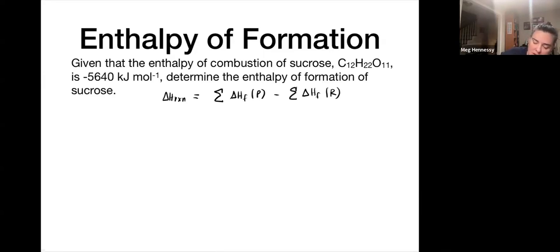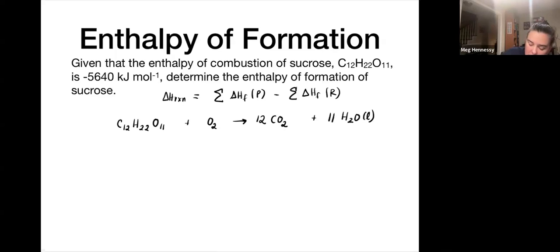And so if I were to burn sucrose, I'm going to make carbon dioxide and liquid water. If I want to balance that equation, I'm going to notice that I need 12 carbon dioxides to balance the 12 carbons.